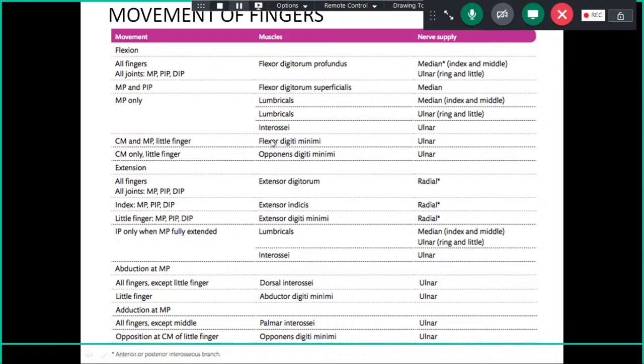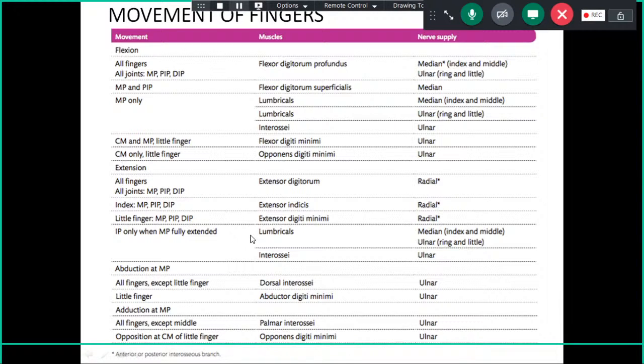Similarly, flexor digiti minimi acts at the carpometacarpal and metacarpophalangeal joints of the little finger, and opponens similarly at the carpometacarpal joint. The extension is caused by extensor digitorum, extensor indicis, and extensor digiti minimi.